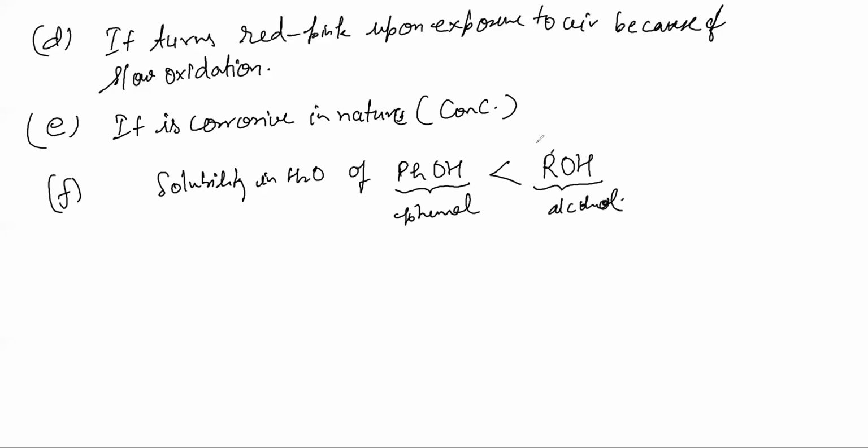Why? Because this Ph is quite a big non-polar part. That is why its solubility is less than alcohol. Alcohols are more soluble. Okay. So these are some physical properties.